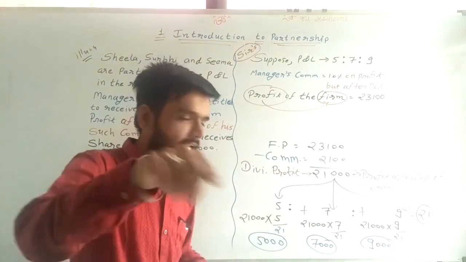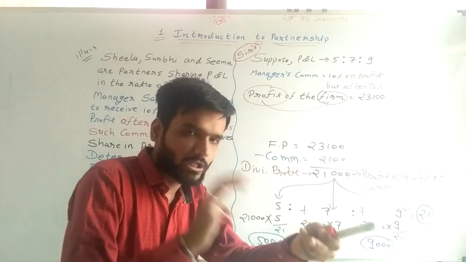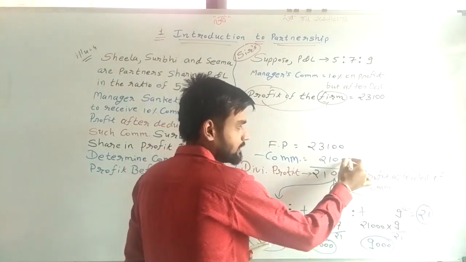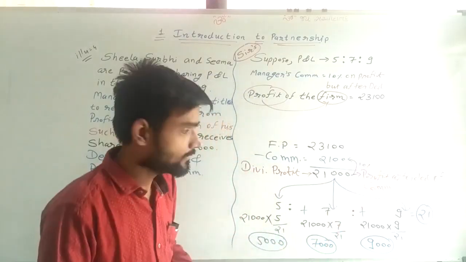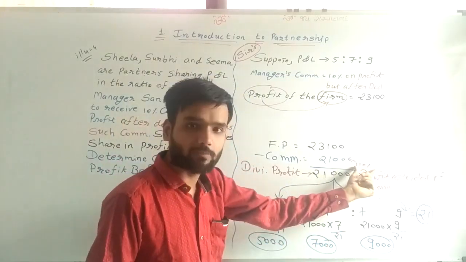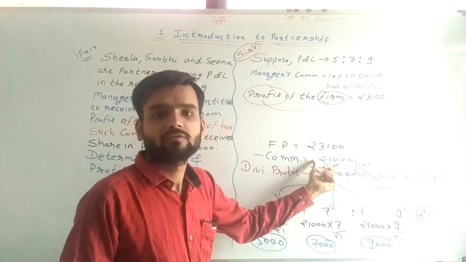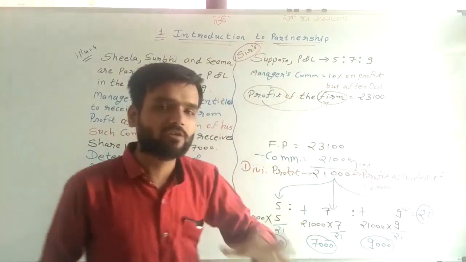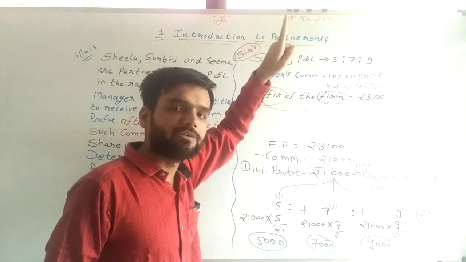So write 21,000 in the calculator. 21,000 into 10 percentage, you will get the commission. Because of divisible profit, we can directly take 10%. But if the firm's profit is given, then calculation is needed.